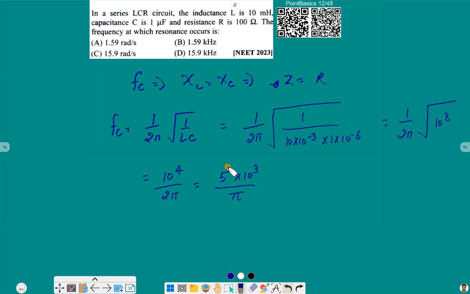Now, the frequency will be in kilohertz, and for 5 by pi, we know pi is 3.